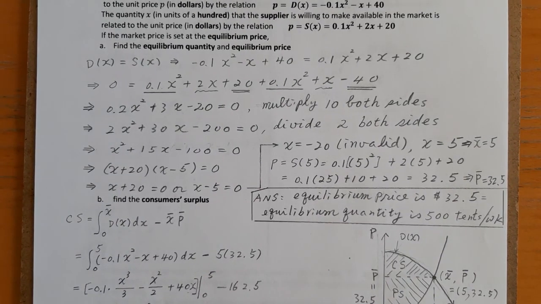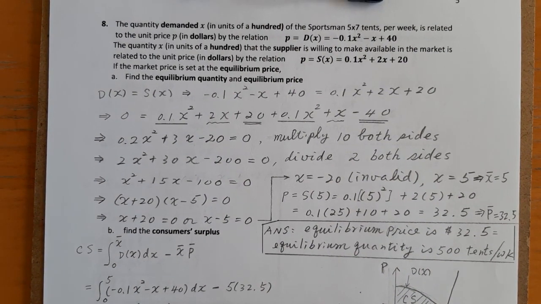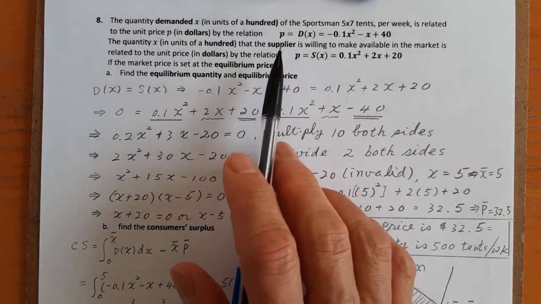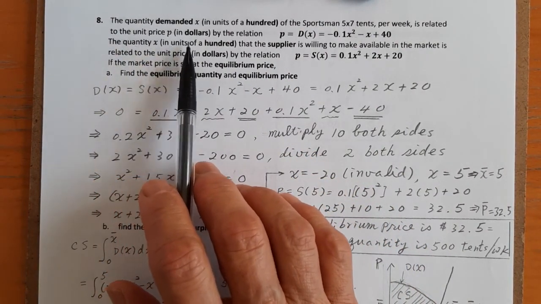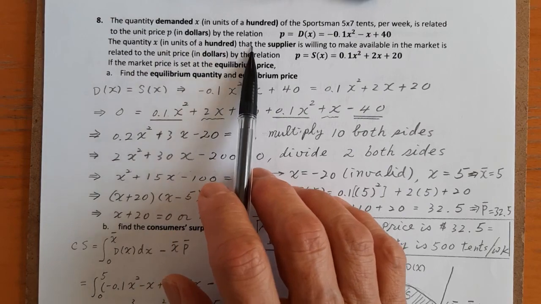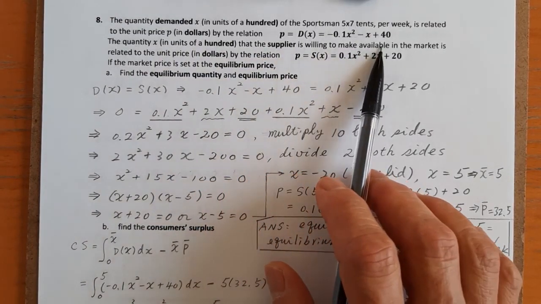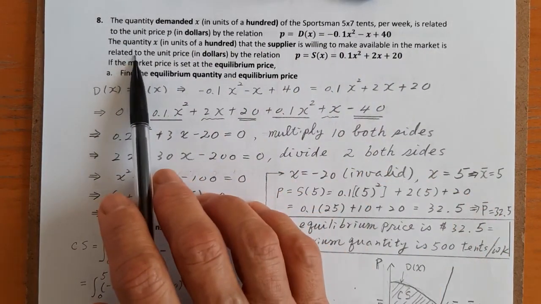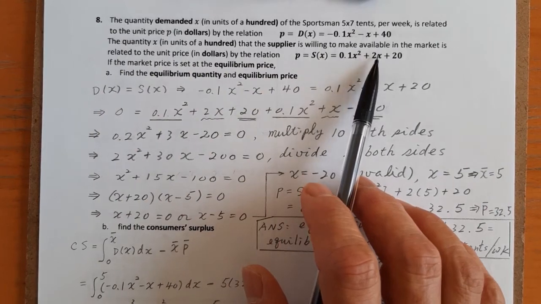And then there is the supply function. The quantity x in units of 100 that the supplier is willing to make available in the market is related to the unit price in dollars by this relation.